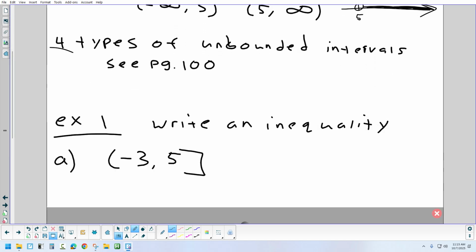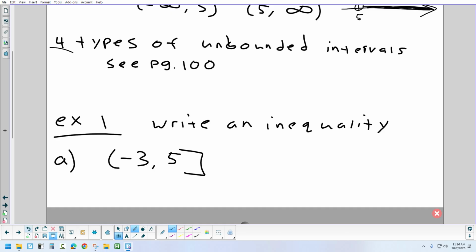Okay, so now let's try translating this into an inequality. What's the name of this notation? Interval notation or set notation. Now we want to write it as an inequality. When you write something as an inequality, first thing you need to choose is a variable.